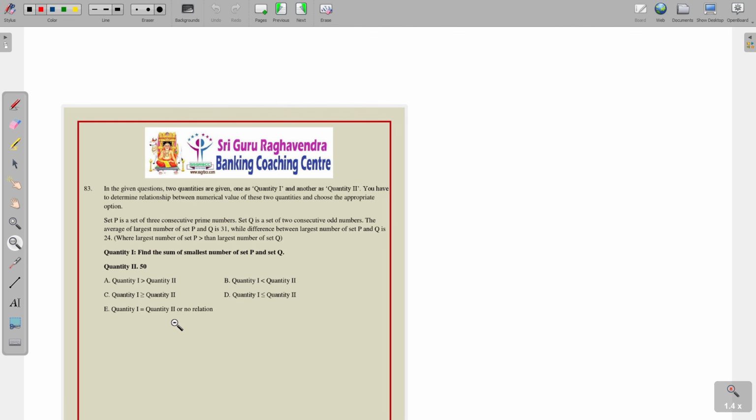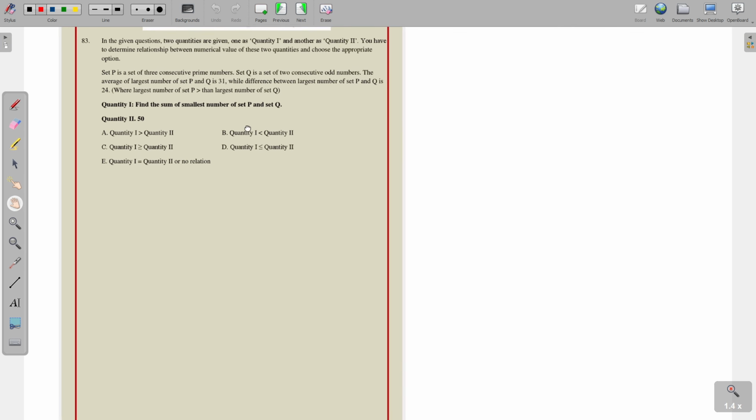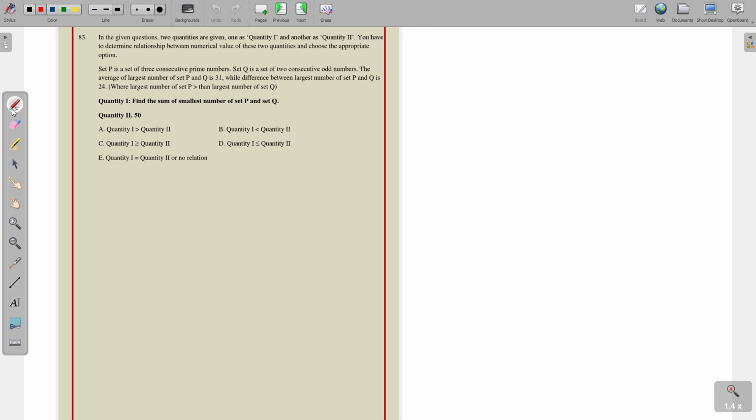In this question, two quantities are given, quantity 1 and quantity 2. Set P is a set of 3 consecutive prime numbers and Q is a set of 2 consecutive odd numbers. The average of largest of P and largest of Q is 31, which means the sum is 62, while the difference of largest of P and largest of Q is 24.